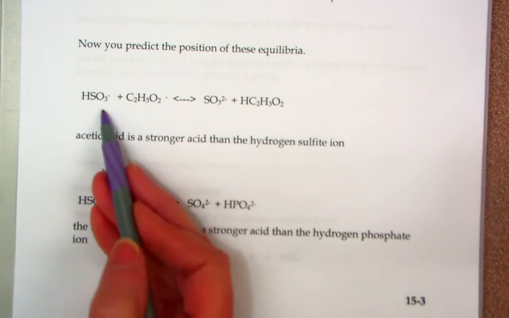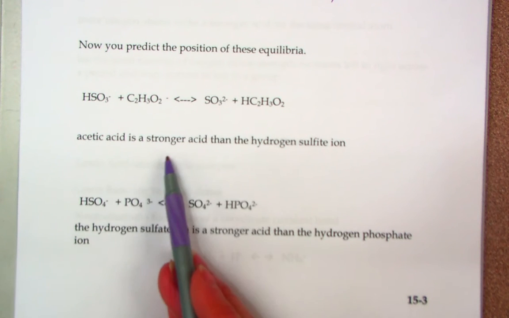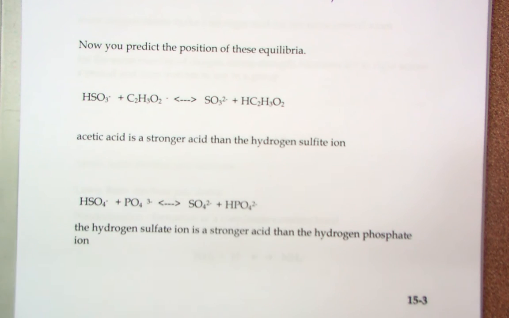Okay, so for this one, I'm telling you, acetic acid is a stronger acid than the hydrogen sulfide ion. So what will the position of this equilibrium be? Reactant or product favored?